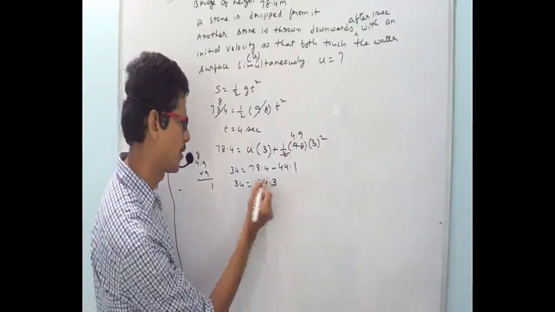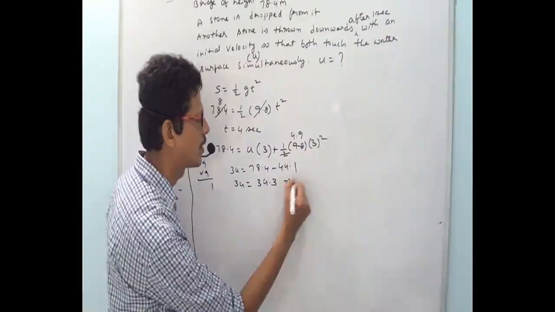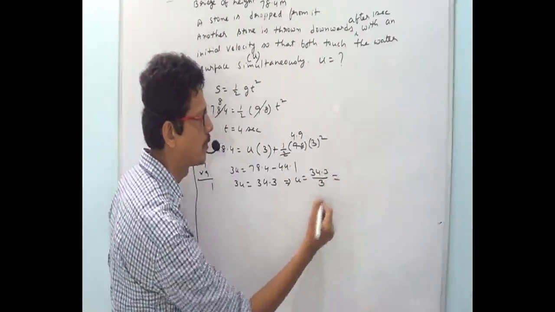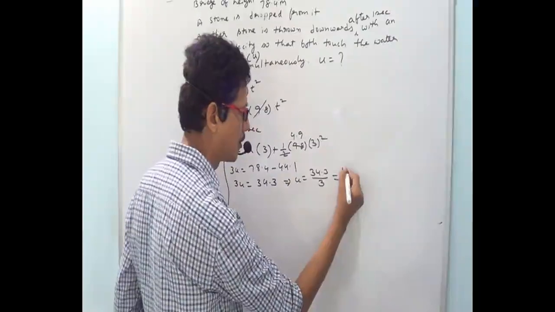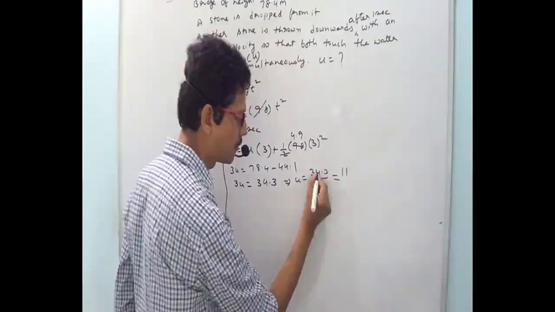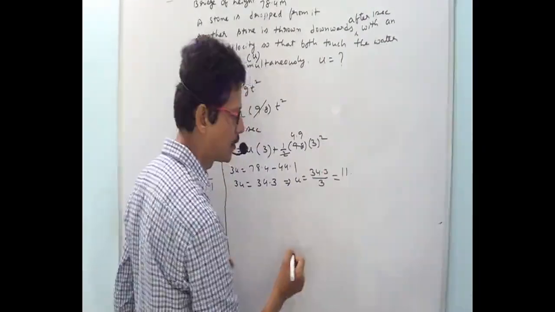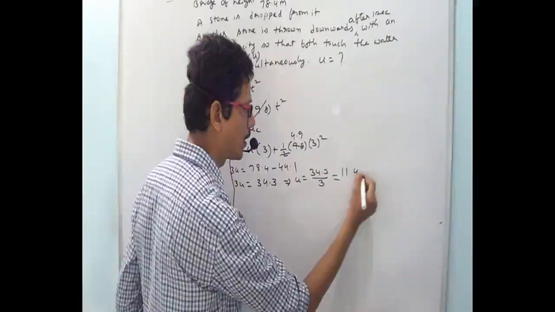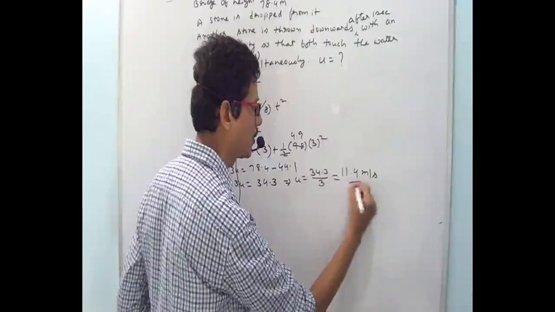Is it correct? Okay. And then u is nothing but 34.3 divided by 3, which is nearly 11.4 meters per second.